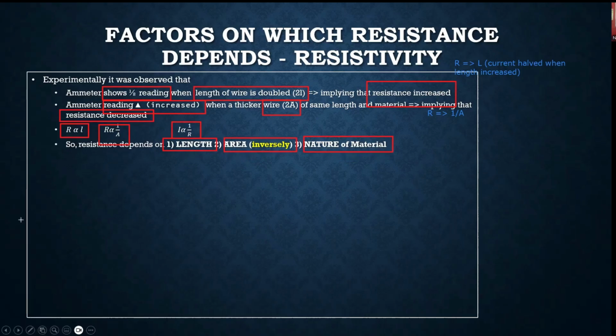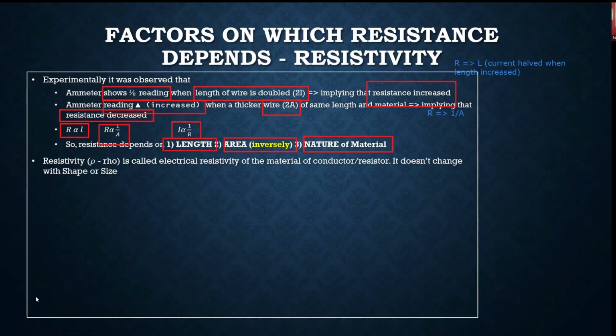Nature of the material is called rho, resistivity, or electrical resistivity of the material. It does not change with shape or size. That means if copper wire is increased in shape or size, the resistivity does not change, but resistance will change. Resistance and resistivity are two different terms.